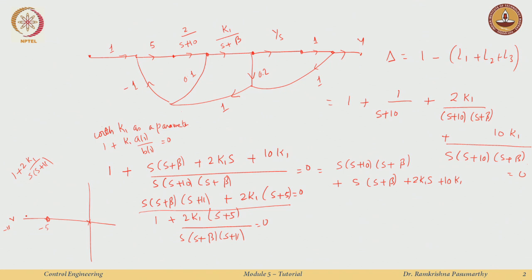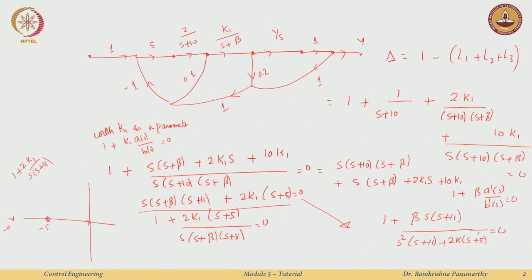Okay. So, we will now see how to draw the root locus with beta as a parameter, or in other words, I want to write the characteristic equation as 1 plus beta a prime s over b prime s equal to 0. Okay. So, I just go from here, I just skip the computations here. So, I just have 1 plus beta s plus 11 over s square s plus 11 plus 2 k s plus 5 equal to 0.